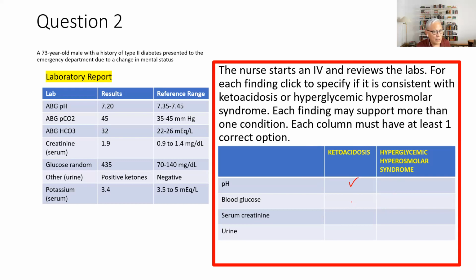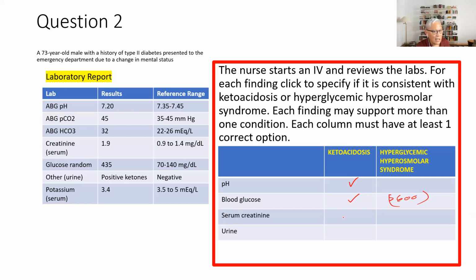The blood glucose, what was it again? It is 435. Is this more supportive of ketoacidosis or hyperglycemic hyperosmolar syndrome? Ketoacidosis. Over here it would be over 600.